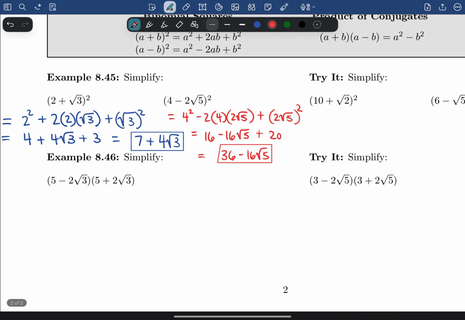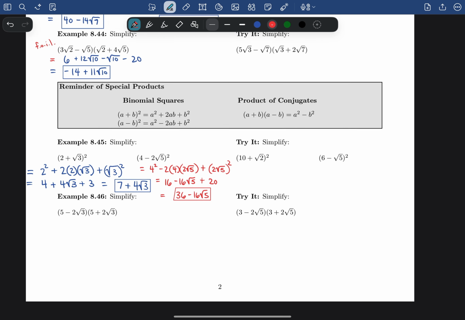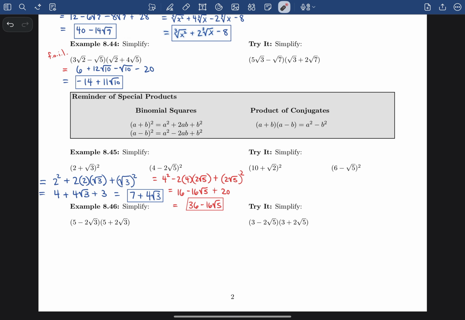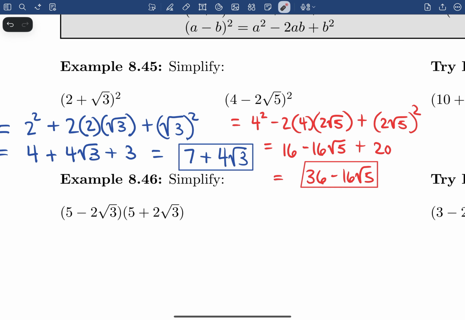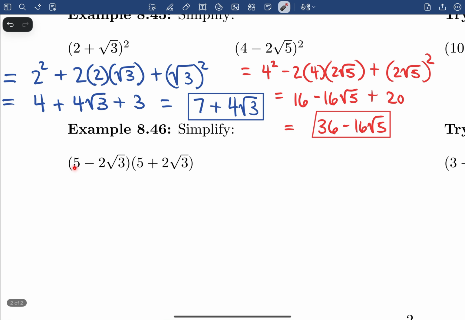And let me leave you with one more opportunity. We're going to take the product of conjugates, where if I see A plus B times A minus B, right? These are conjugates. And if I multiply them together, it gives me the difference of squares, A squared minus B squared. So if I recognize that, hey, here I have the same two terms, 5, 2 root 3, 5, 2 root 3.